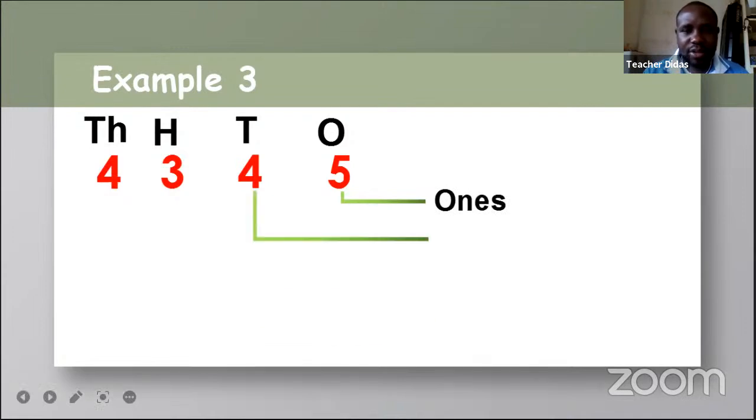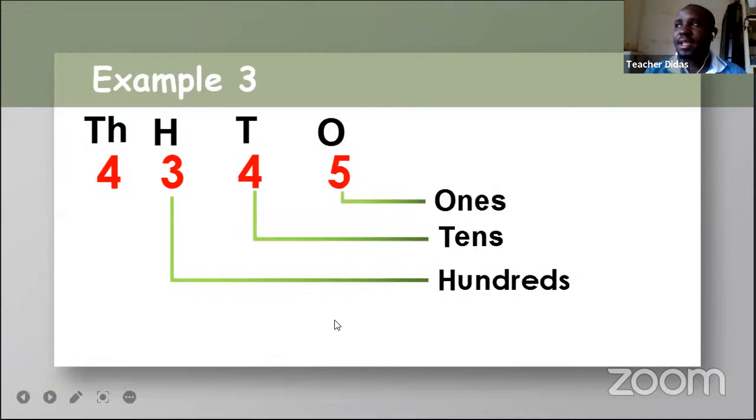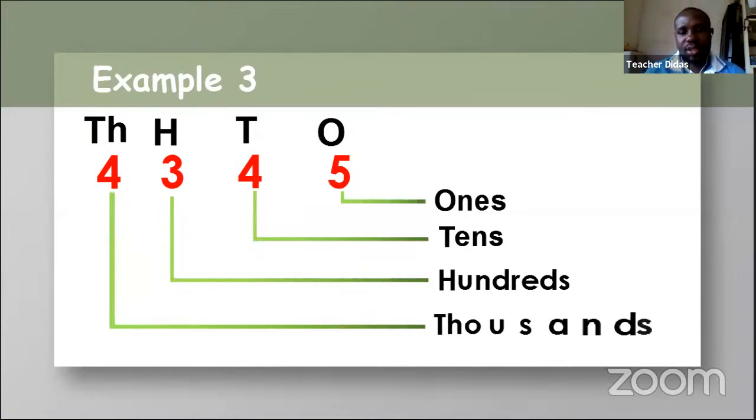The place value of 4 is tens. The place value of 3 is hundreds. And lastly, the place value of the last 4 is thousands. Are you seeing that, Ethan?